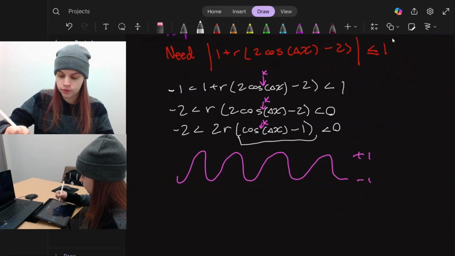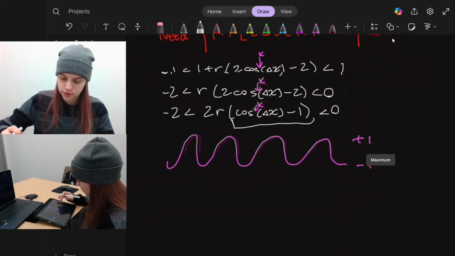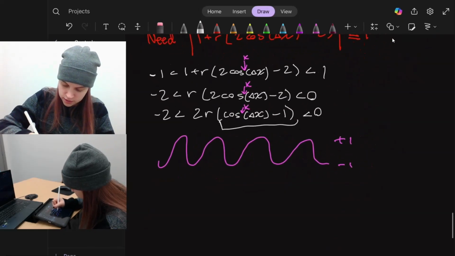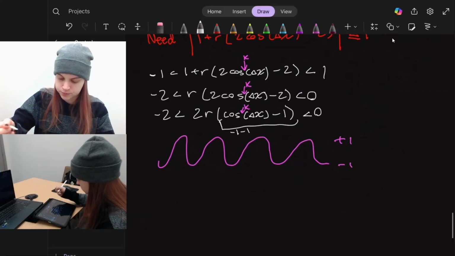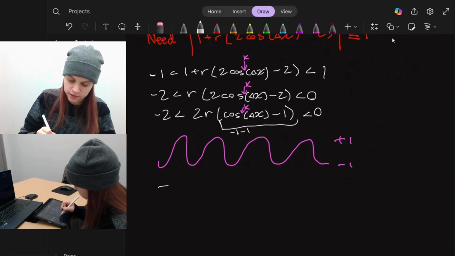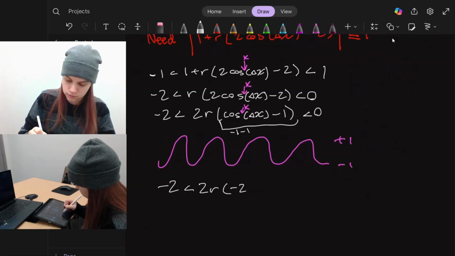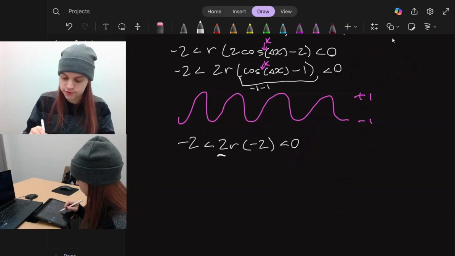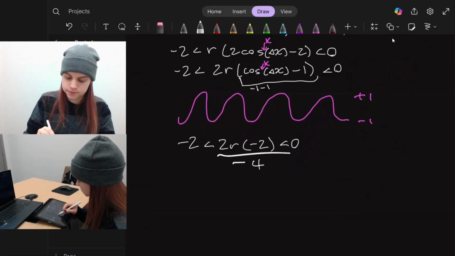So the lowest that this can be is -1 minus 1. Write that down here. I'll divide by -4.